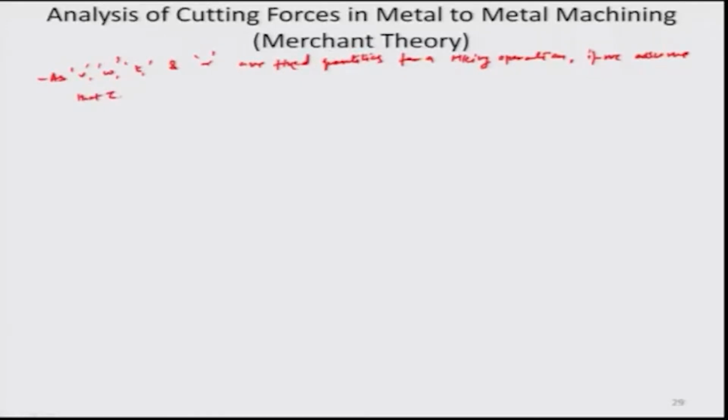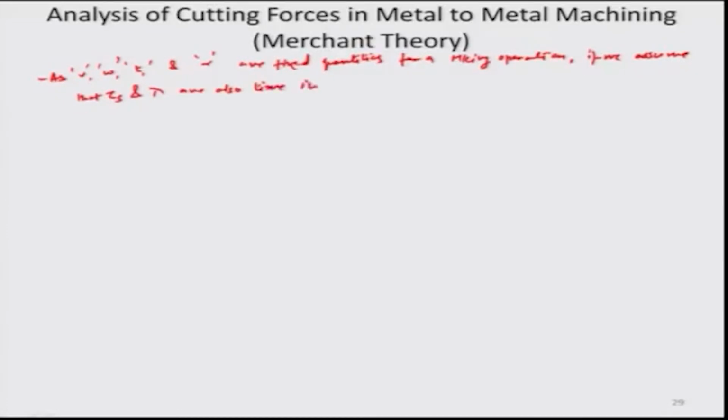So, as V, small w, the width of the cutting zone, uncut chip thickness T1 and alpha are fixed quantities for a certain machine, given machining operation, if we assume that tau s and lambda are also time invariant.